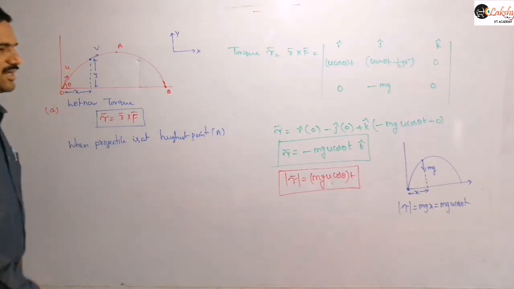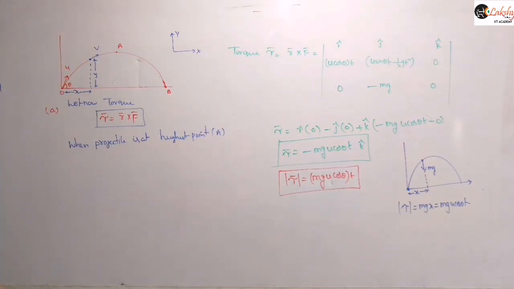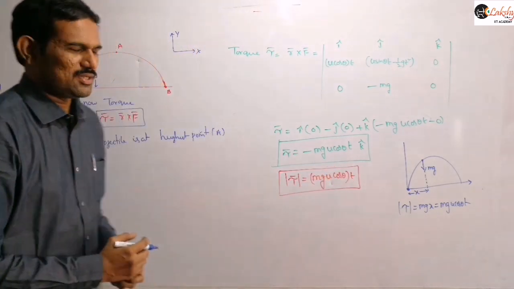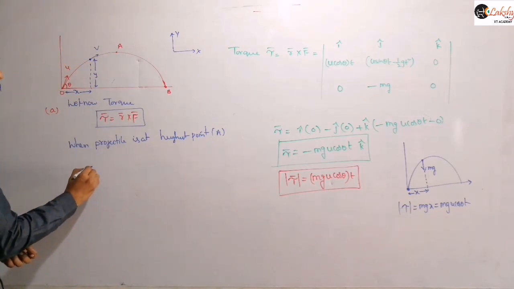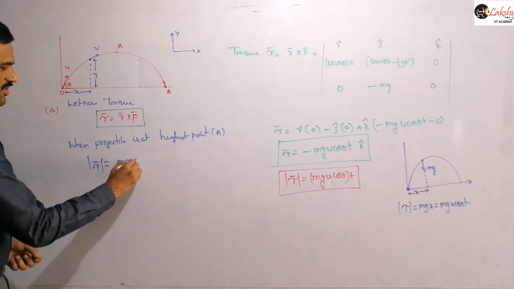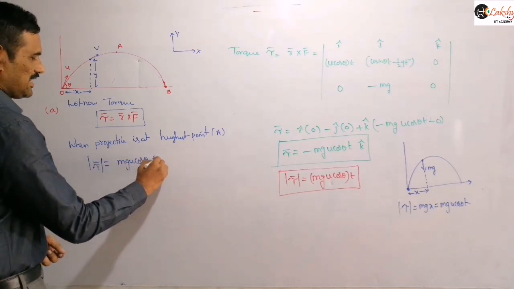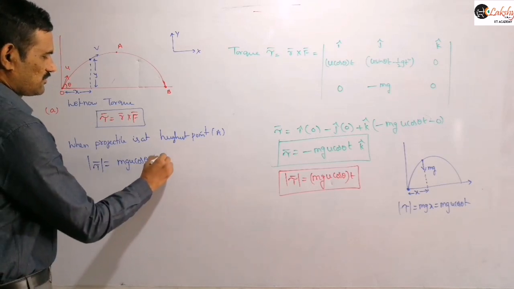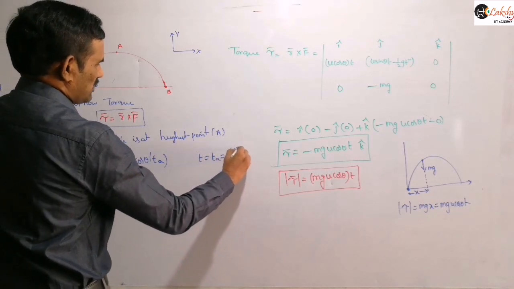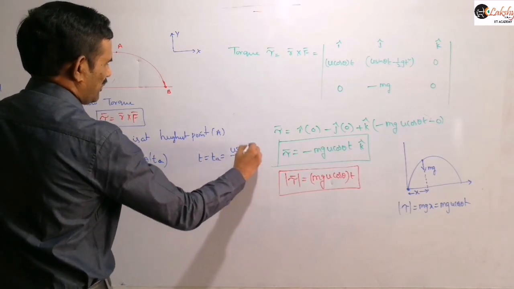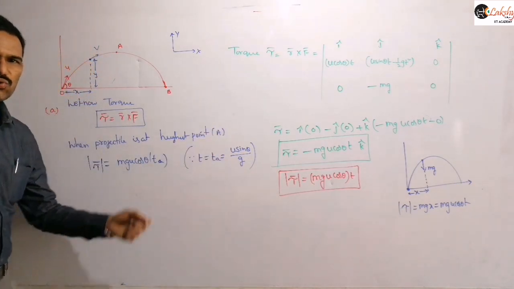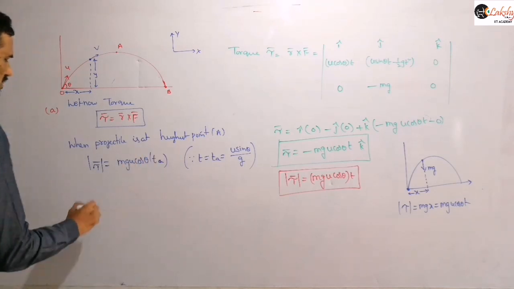When the object is at the highest point A, using this formula, we substitute the time taken as the time of ascent. So the magnitude of torque tau is equal to mg u cos theta into Ta. The time of ascent Ta is u sin theta by g, because the total time of flight is 2u sin theta by g, and only half we need to consider here.